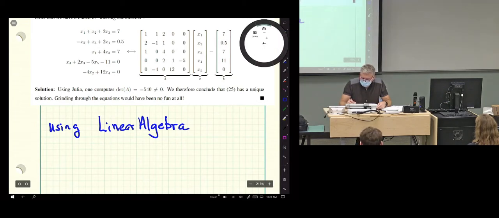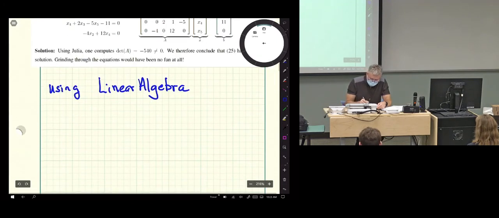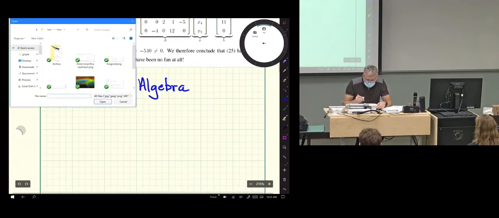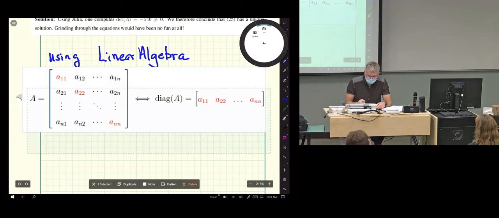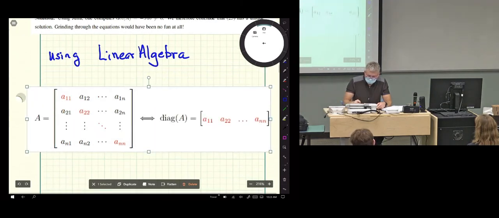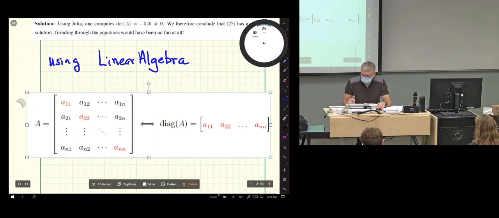Okay, so let's do, oh yeah, so now I've got that. Come on. I want diagonal, okay. Bingo. So here's the diagonal of a square matrix.